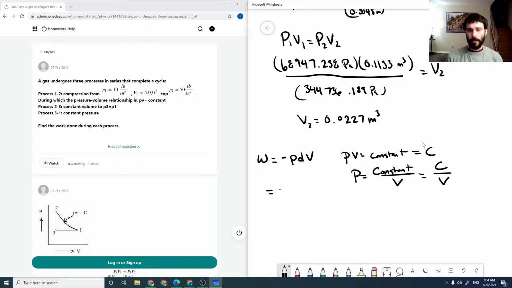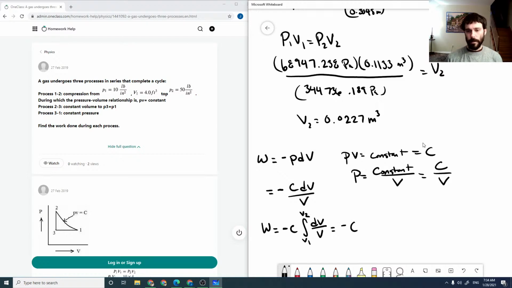So our work is minus C dV over V. Then our work is the integral of this expression, so minus C integral of dV over V from V1 to V2.